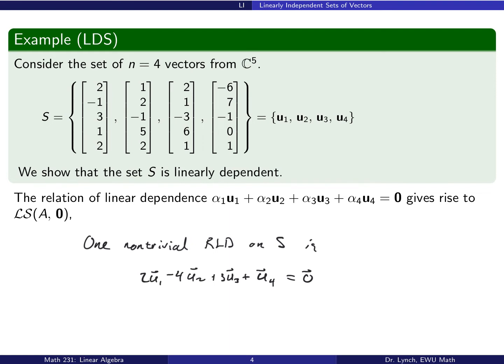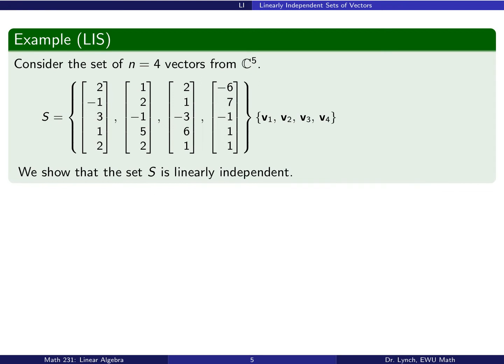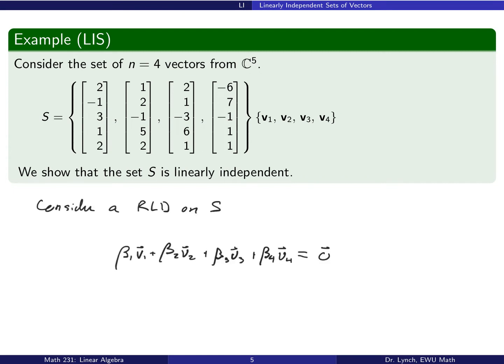Of course, not every set is linearly dependent, so let's have a look at another example. Let's take the set S to be equal to v1, v2, v3, v4, and we'll show that this set, as it turns out, is linearly independent. Again, we'll consider a relation of linear dependence on this set S. Here's that relation.